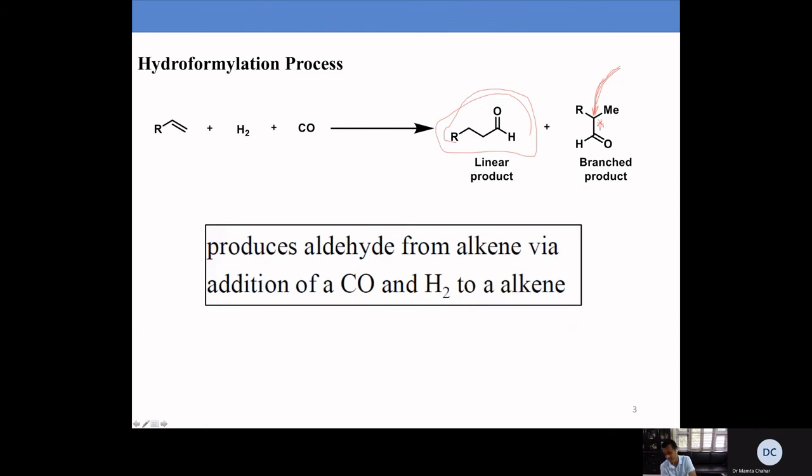Once again, in industry, people try to do it in as many cases as possible, because the starting materials are very cheap. If you look at aldehyde, you can convert aldehyde into many other functional groups, right? Almost every functional group you can convert. That means if you can do an asymmetric synthesis like this, at this step, and generate or control the stereo center at the hydroformylation level, that's going to be fantastic.